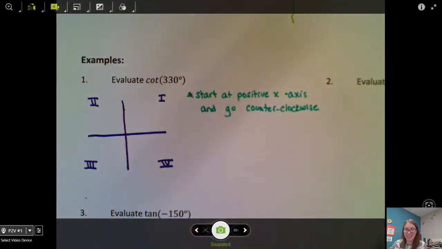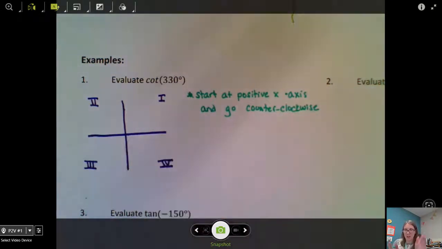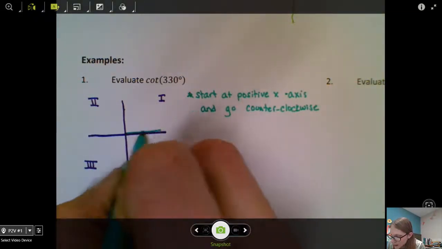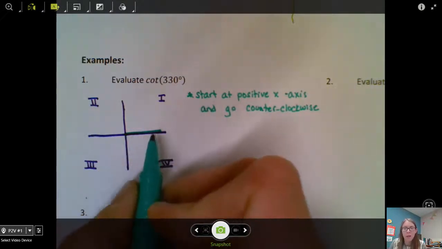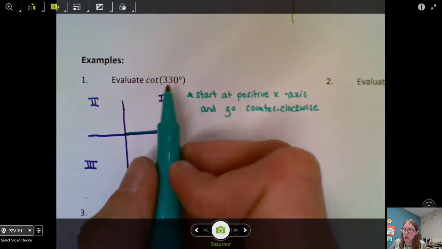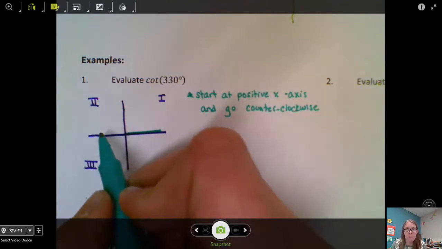So what that means is I need to figure out what this angle looks like. In an angle, we have 2 pieces. One of my pieces is going to be on this positive x-axis. And then from here, I want to go counterclockwise this many degrees. I want to go counterclockwise 330 degrees.